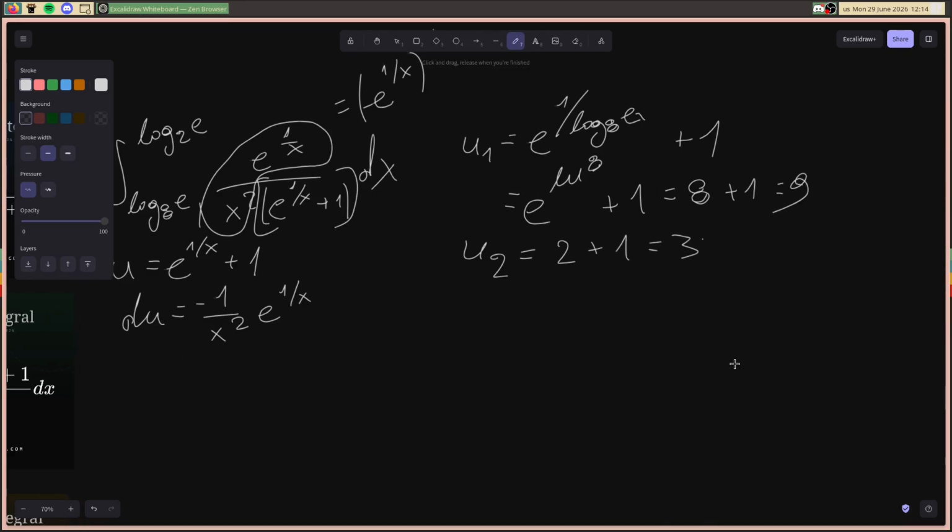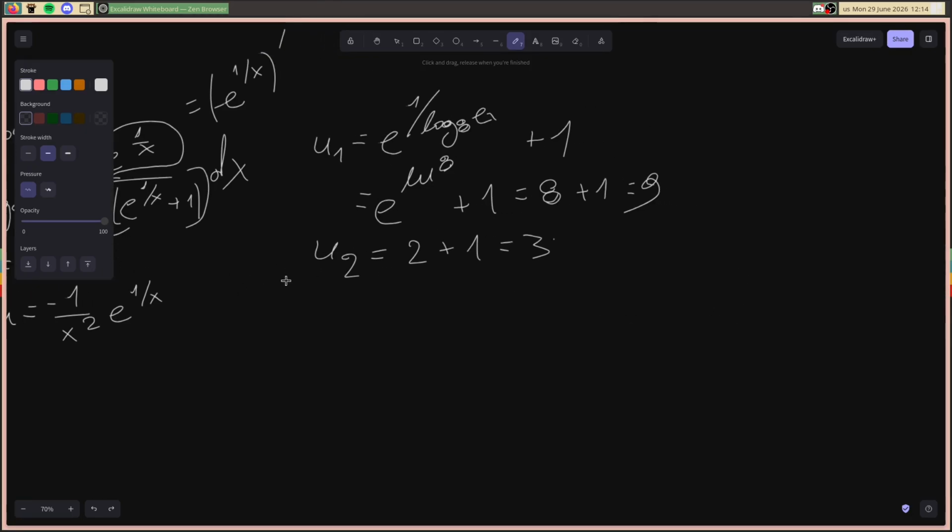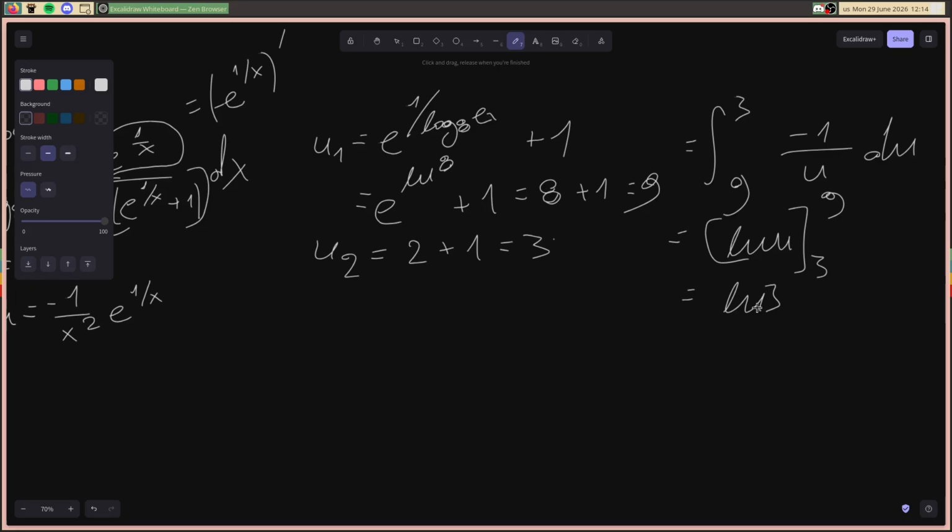So this just turns into the integral from 9 to 3 of negative 1 over u du, which is ln u evaluated from 3 to 9, which is ln 9 over 3, which is the same as ln 3.